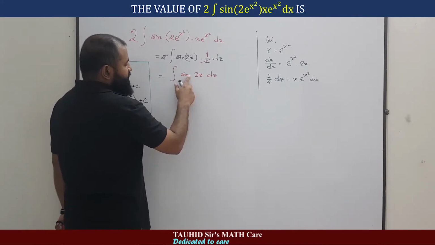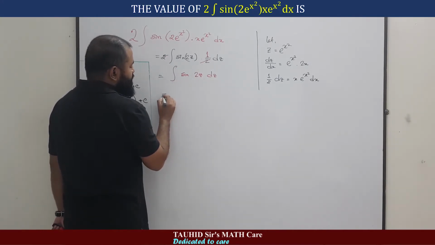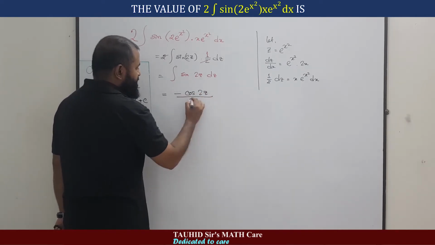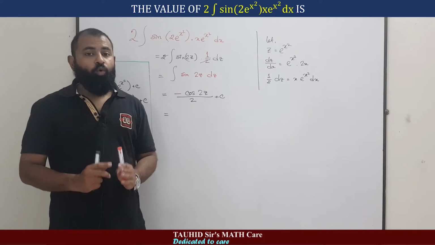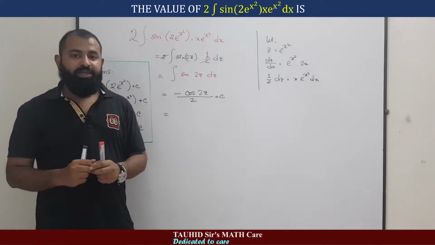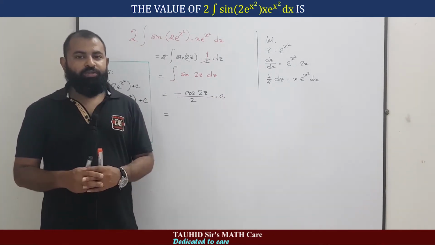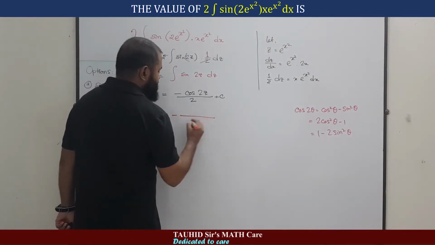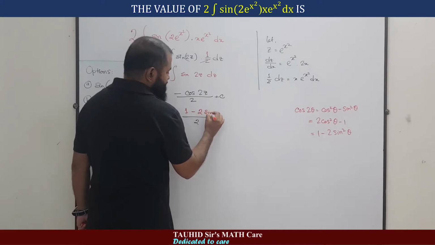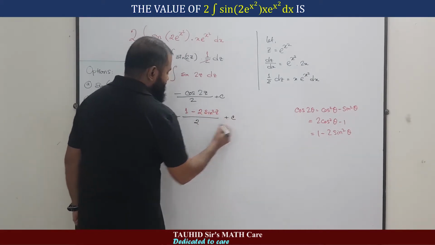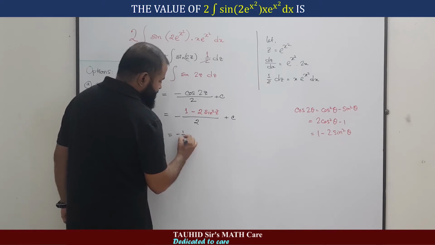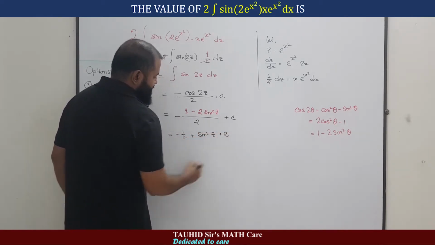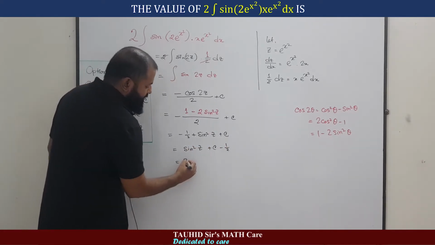When we integrate sine 2z, what do we get? We get minus cos 2z divided by 2 plus c. You all know that cos 2 theta equal to 1 minus 2 sine square theta, according to this formula. So we will write it here, minus 1 by 2 times 1 minus 2 sine square z plus c, equal to sine square z plus c minus half.